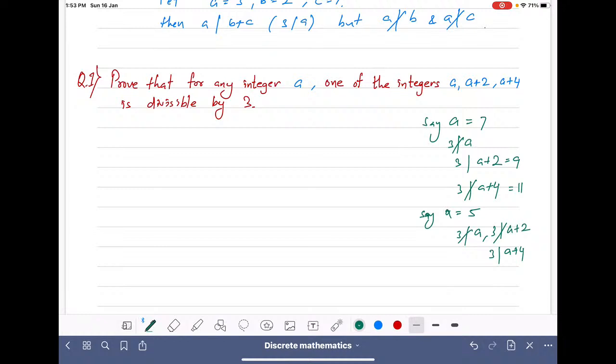You can verify that. Now we have to prove this one, and the proof is lengthy, but it is rather straightforward from the division algorithm and our definition of divisibility.